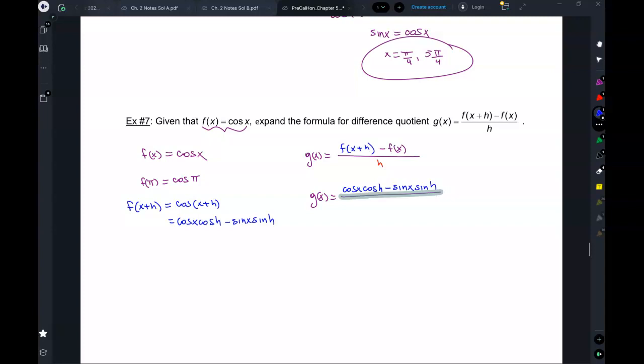Okay? But that's only a part of what I need to do. Now the recipe says that's just this, minus f of x, which is cosine of x, over h. And then we're just going to leave it like this. Why? Because in chapter 12, we're then going to do other stuff to it.